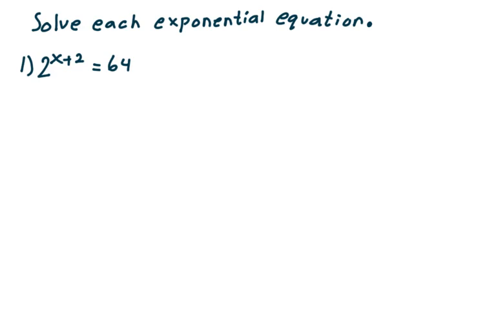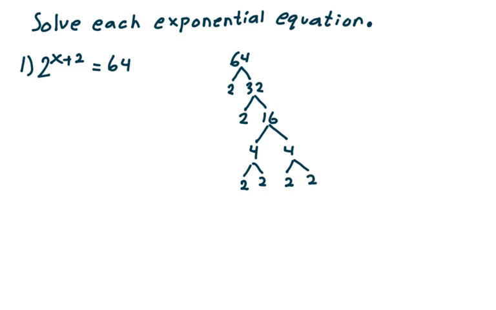Now, let's take a look at 64. 64 is equal to 2 times 32. 32 is equal to 2 times 16. 16 is 4 times 4. 4 is 2 times 2. And then 4 is also again 2 times 2. Right?